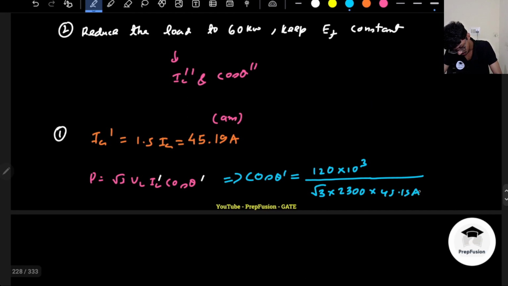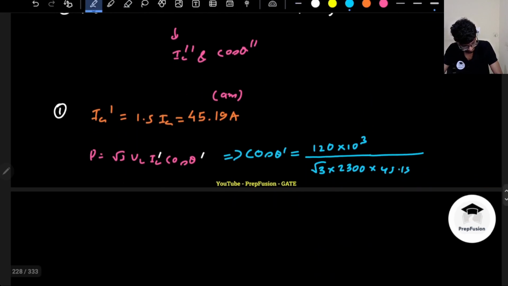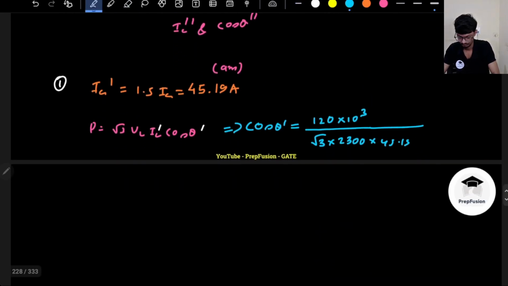So this will be the power factor. So 120 into 10 cube divided by root 3 into 2300 into 45.19. So cos theta dash comes out to be 0.66.